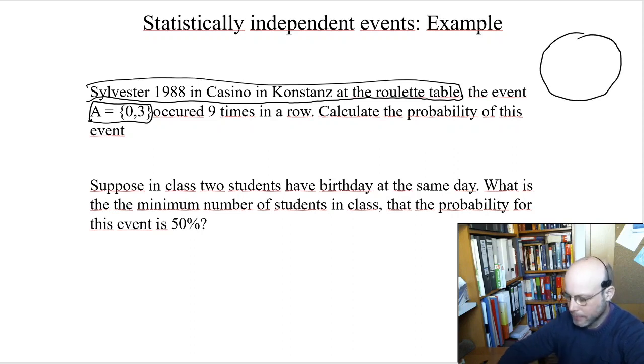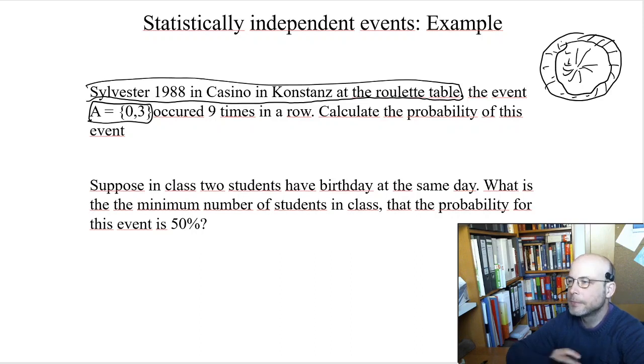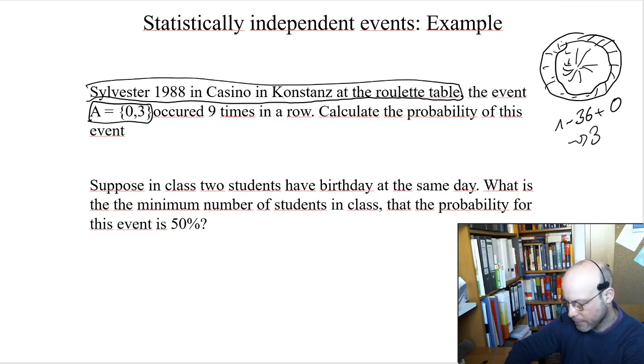We have this wheel. And how many numbers around here? No one? Oh, 36. Great. So we have from 1 to 36 plus the 0, and so we have 37 numbers.